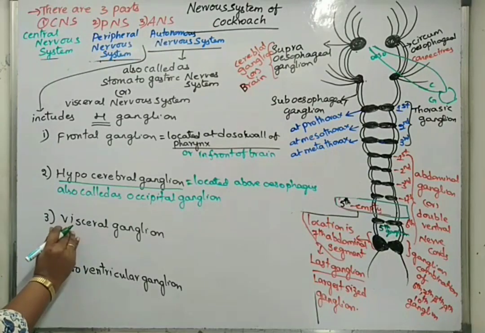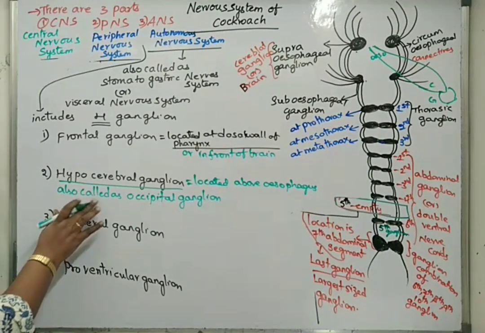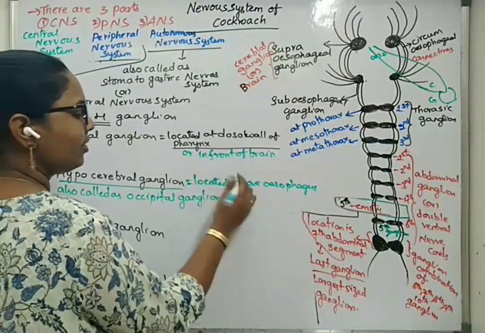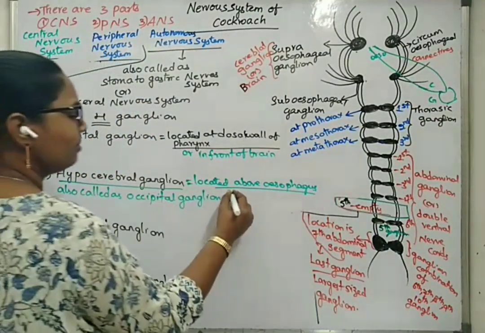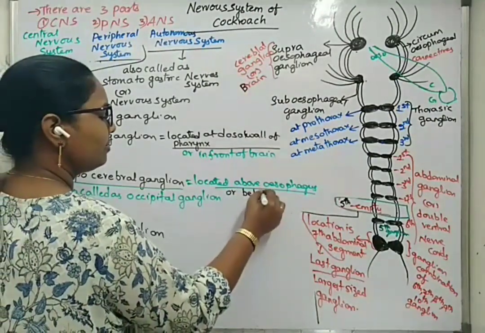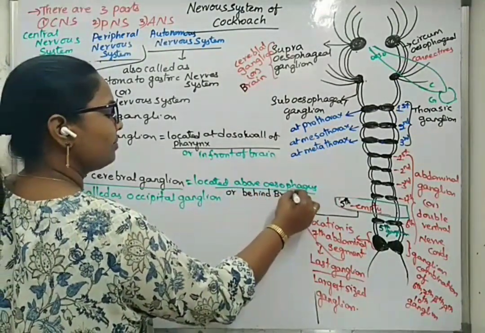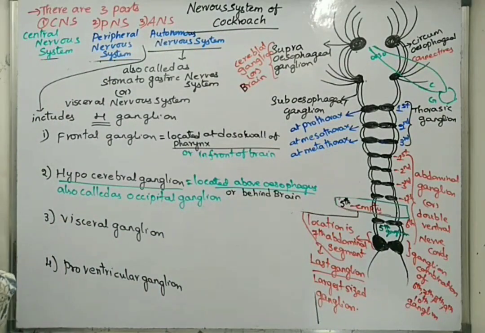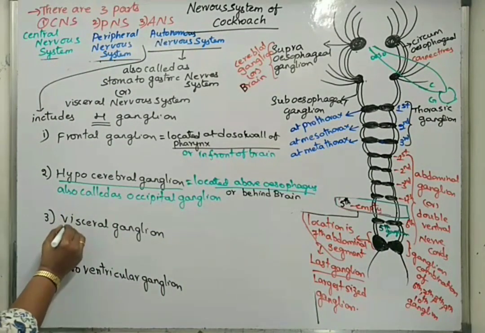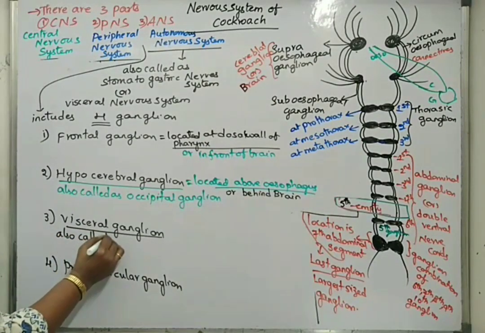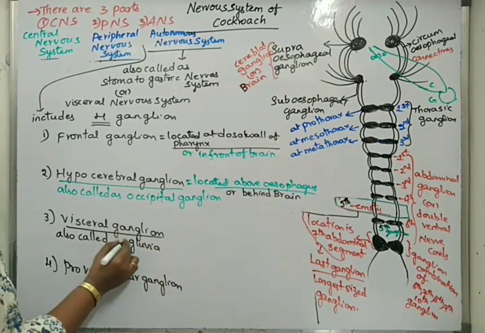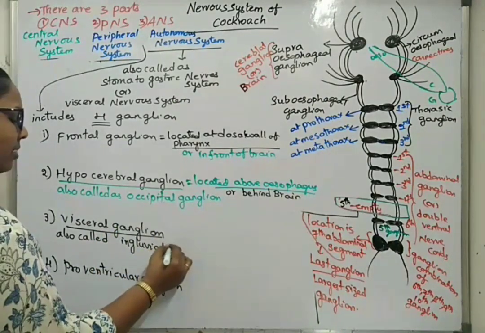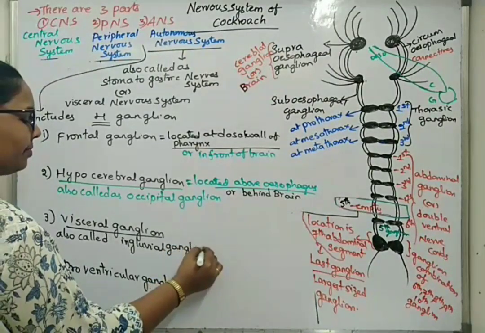Next, the third one, the visceral ganglion. So we have written in front of the brain; we can also write behind the brain. The visceral ganglion is also called the ingluvial ganglion.